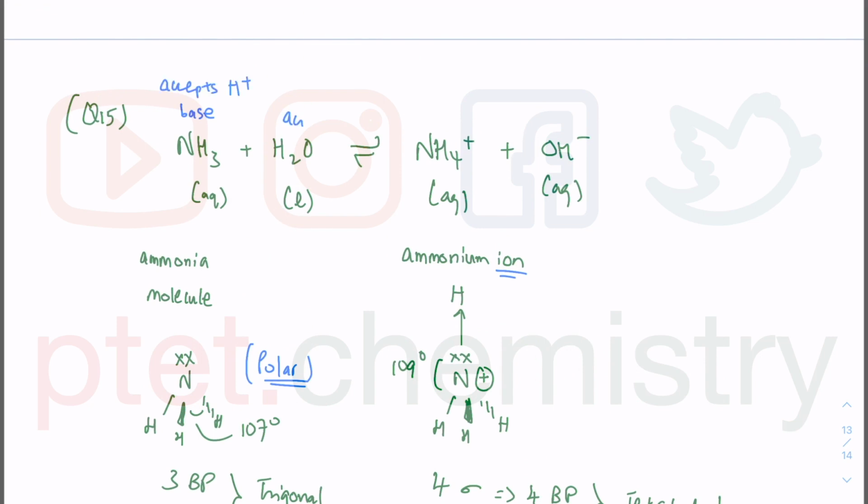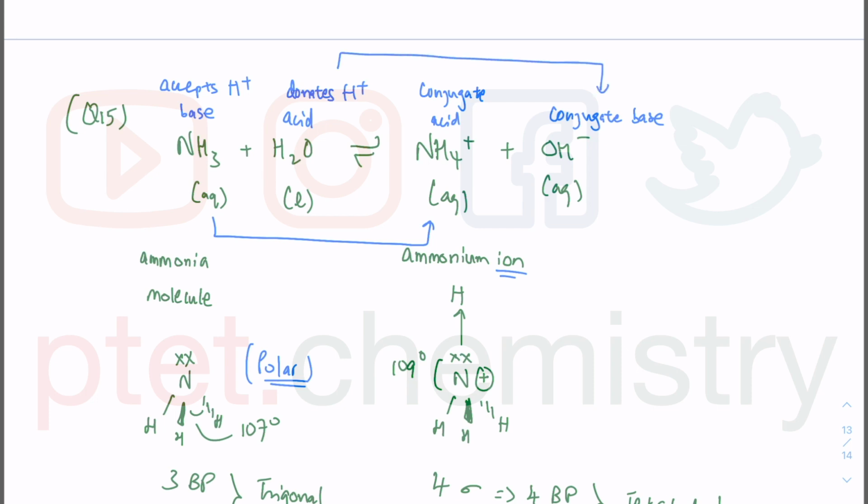This is the acid, it is donating the H plus. And once the base accepts the H plus, you get this NH4 plus. This is called the conjugate acid, whereas the OH minus is called the conjugate base because it's the species you get after the acid donates the proton.